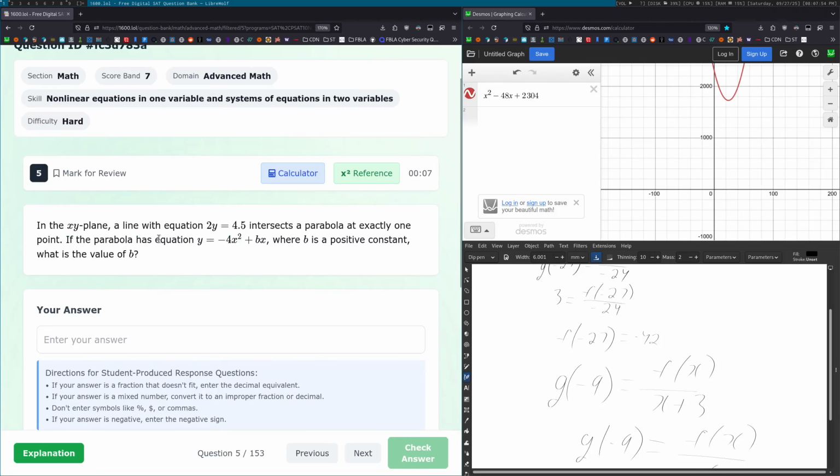In the xy plane, a line with equation 2y is equal to 4.5 intersects a parabola at exactly 1 point. If the parabola has equation y is equal to negative 4x squared plus bx, what is the value of b? So let's go to Desmos again. We have 2y is equal to 4.5.